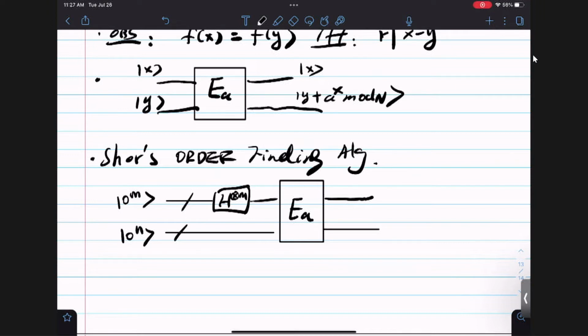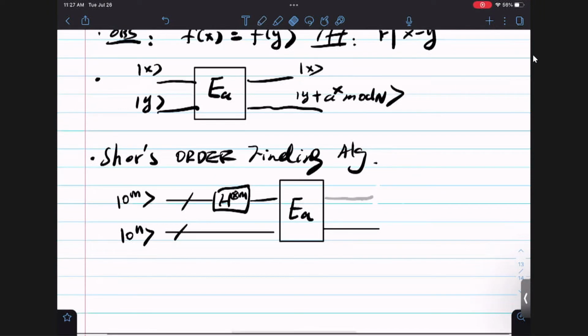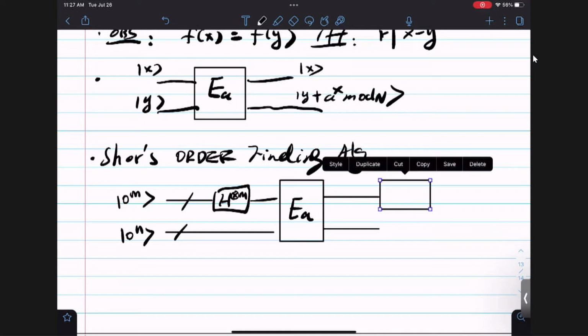All right, now here's the question for you. What should we do next on the top m qubits? Well, we just spent a few minutes talking about a unitary. Do you recall?